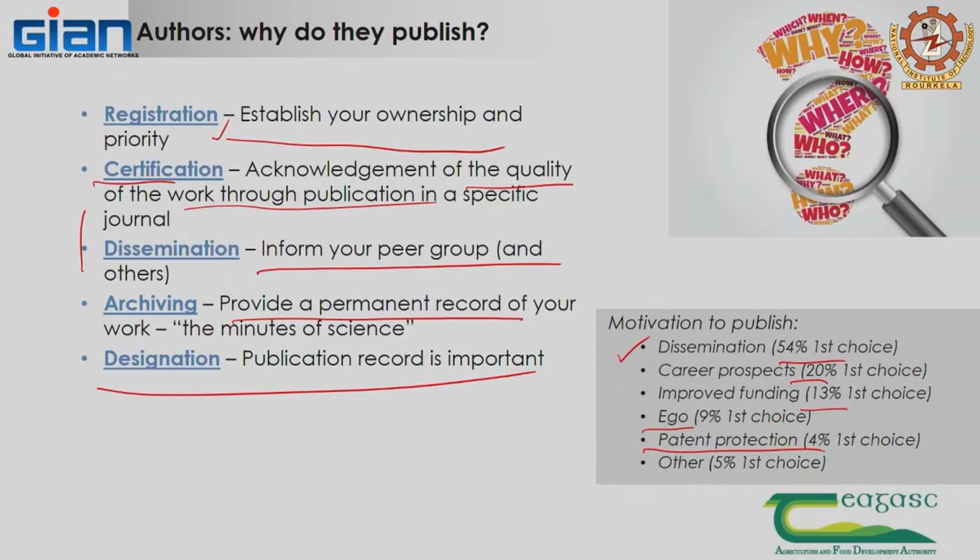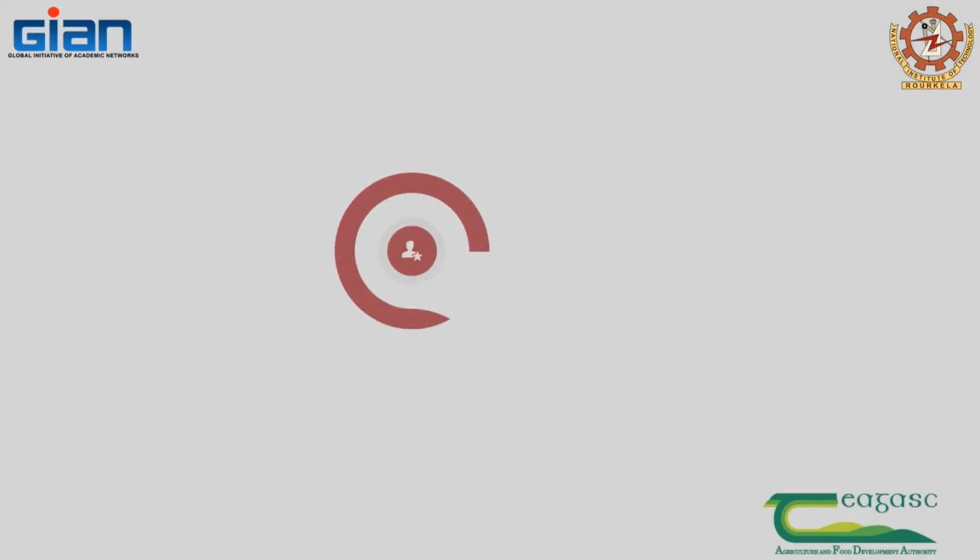These are the survey data. Patent protection: once you file the patent, you try to publish the data from the patent, to show that you have the authority and to disseminate another way. Other choices are there. Somebody, my supervisor told me to publish it, that's why you are publishing it. So, these are all the data from the survey.